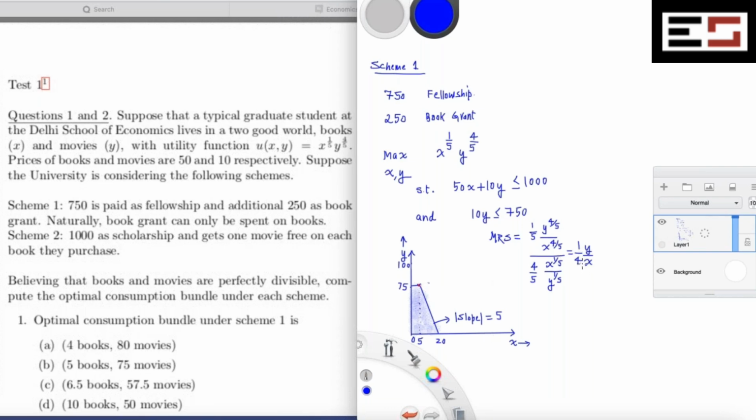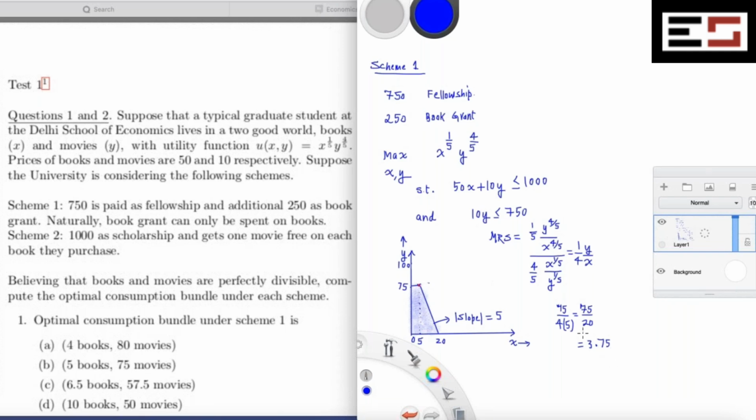Okay, so this is y by 4x, right? So y is 75, x is 5, so 4 into 5, which is 75 by 20. Which is going to give you 3.75, right? Just check. Yes or no? Yes, sir.